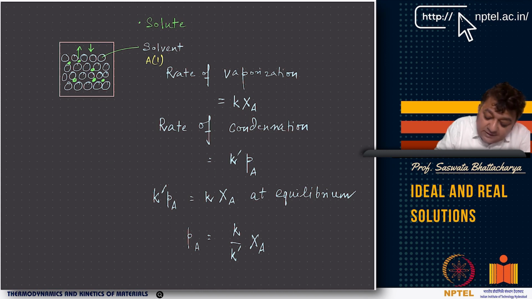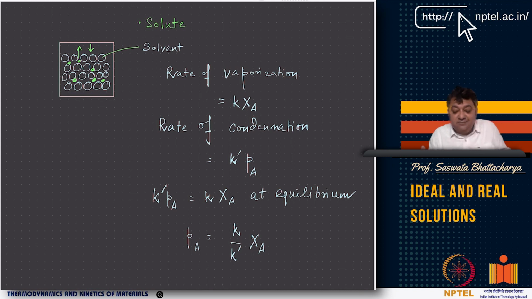So there is a liquid-vapor equilibrium, that's what I am considering. In that equilibrium, the rate of vaporization of the solvent from liquid to vapor is equal to the rate of condensation of the solvent molecules from the vapor phase to the liquid phase. So K XA equals K prime PA, or PA equals K by K prime XA.